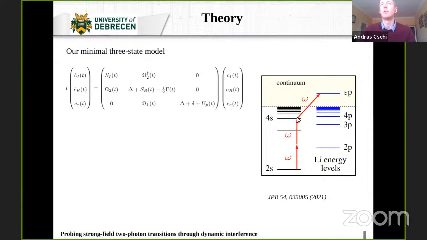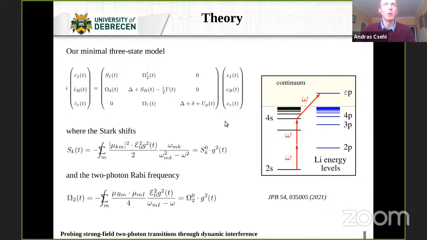The big delta is the 2 photon detuning, kept 0 in our study, and small delta is the 1 photon detuning in the continuum, and this UP is an important quantity, the ponderomotive shift of the continuum. This has been debated before, whether it is important or not. We will show its impact.